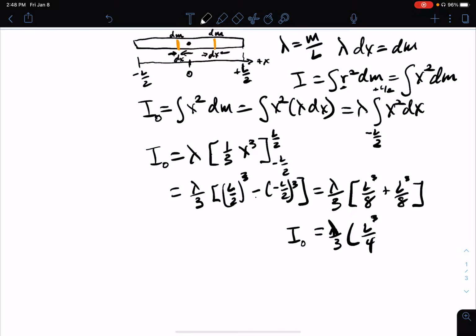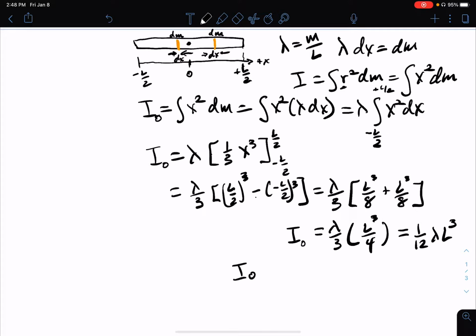This is a lambda. My penmanship is poor. There we go. So now I've got this 1/12 lambda L cubed, because 1/3 times 1/4 is 1/12.